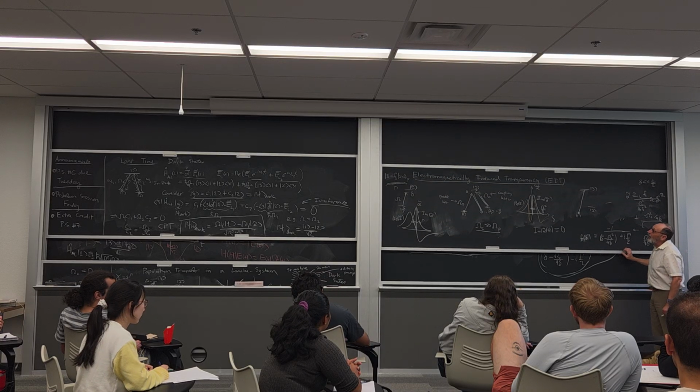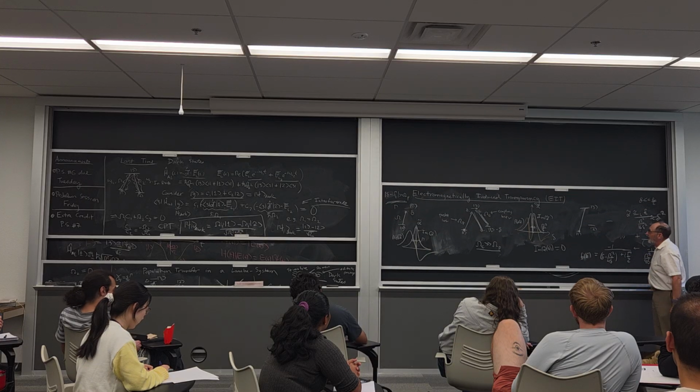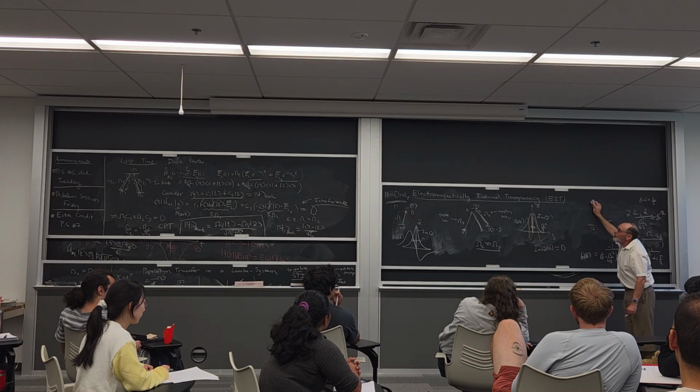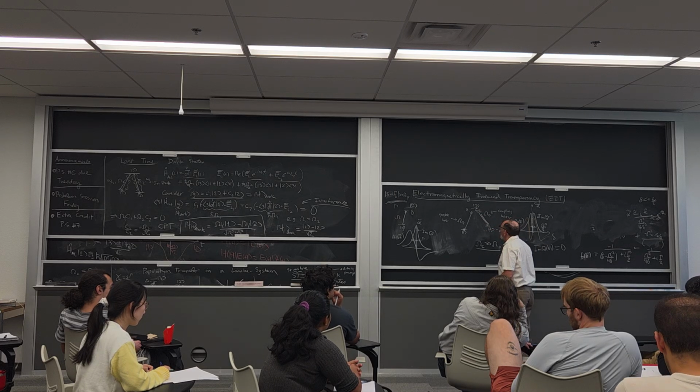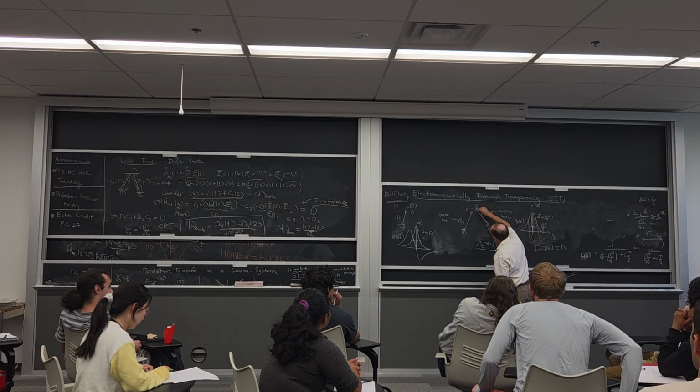Now, before I do that, I want to say one other thing about the thing I erased. There's another way to think about electromagnetically induced transparency, which I think is the better way.